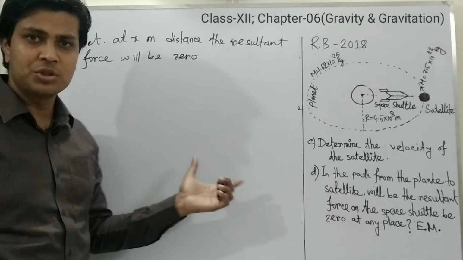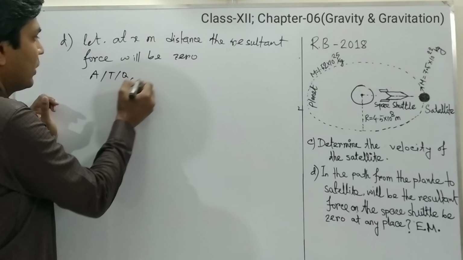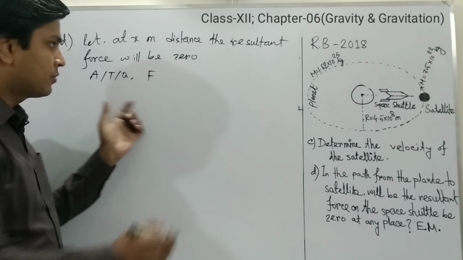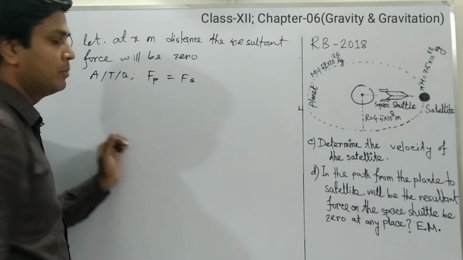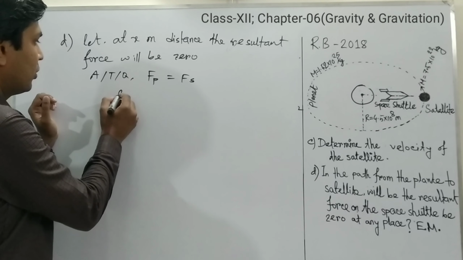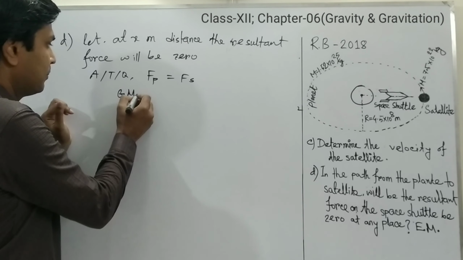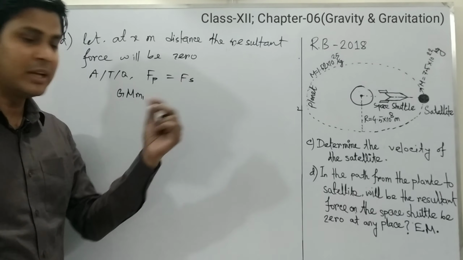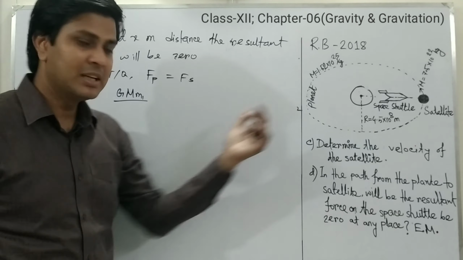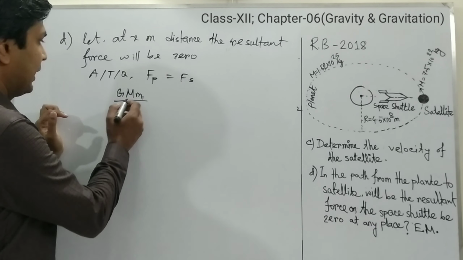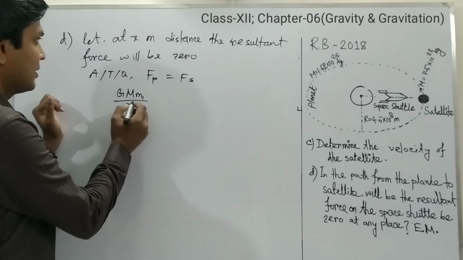So according to the question, we can write the force for the planet and the force for the satellite will be equal, and we know to calculate the gravitational force F equal to G M M1 divided by x square, if we consider the mass of the space shuttle is M1, and capital M is the mass of the planet, and the distance is x.